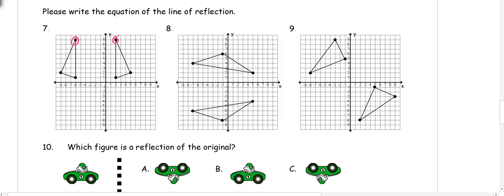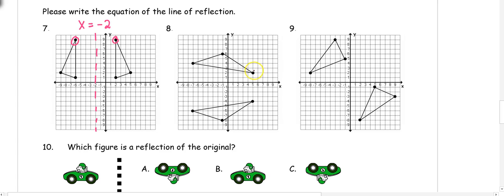So we want to find what's in the middle between -6 and 2, because I know my line needs to go somewhere over here in the middle of these objects. We can add those together and divide by 2. -6 plus 2 is -4, divided by 2 means my line of reflection is at -2. So we have x equals -2.